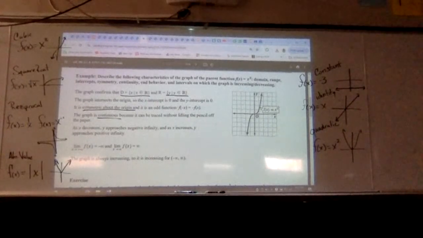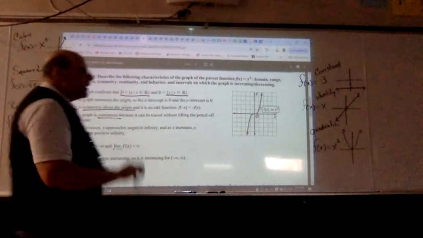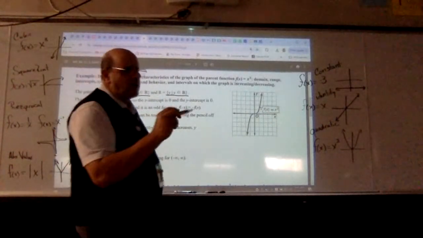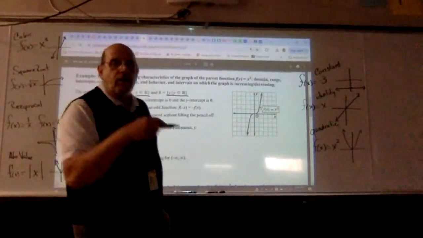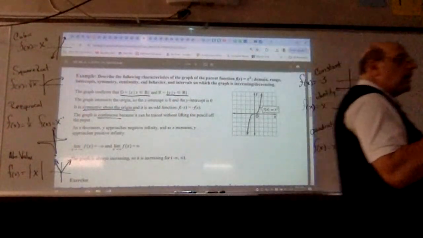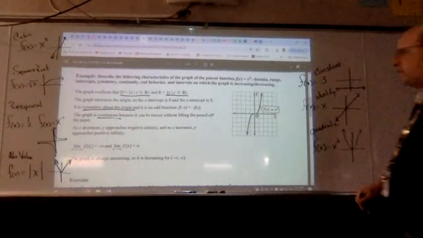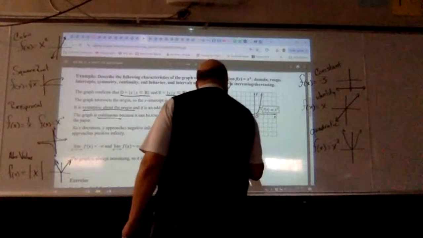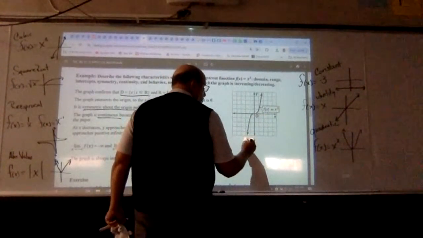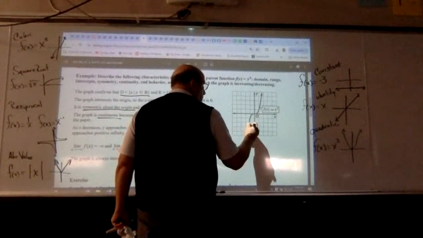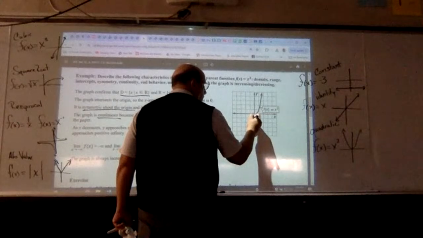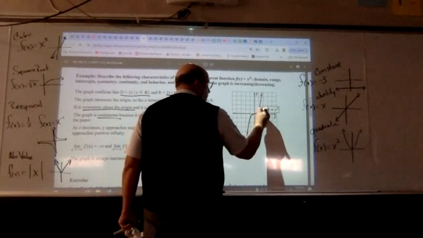When we go left to right, we don't talk about increasing or decreasing a lot until we get to calculus, but we do need to know when a function is increasing or decreasing. If we start to the left and draw along the line, am I going up or down? I'm going up, and then I turn, and then I go up, right?